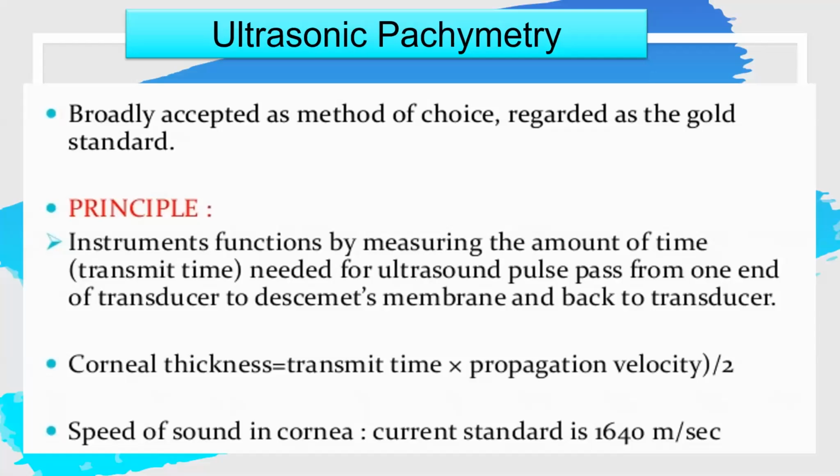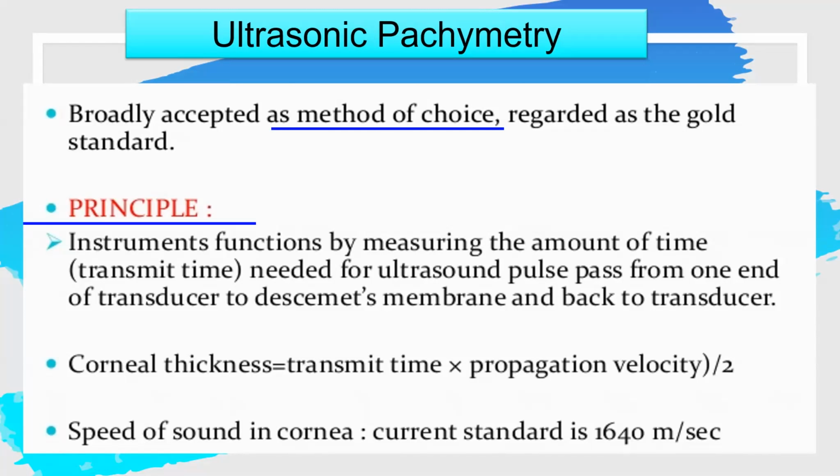So let's see ultrasonic pachymetry, which is the gold standard and broadly accepted to measure the corneal thickness in our routine patients also. This instrument is based on the principle of transmitting ultrasonic waves onto the surface of the cornea, and the rebound wave is recorded by the transducer when it comes back from the Descemet's membrane.